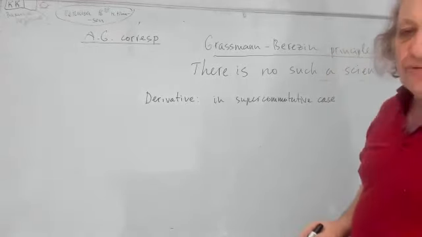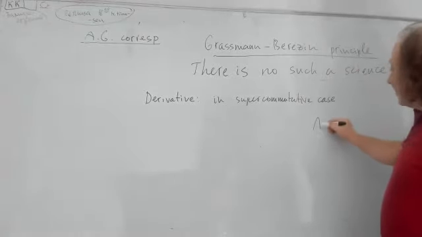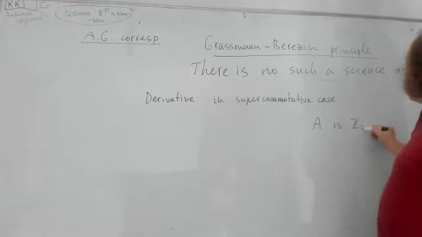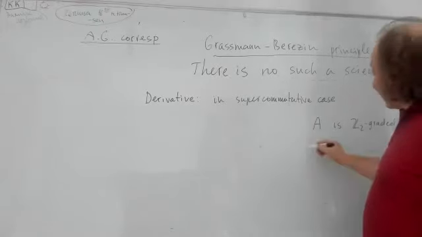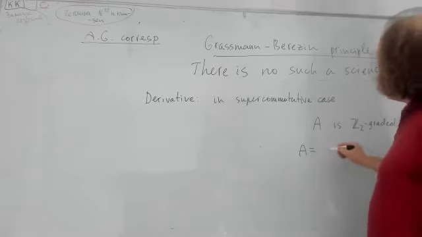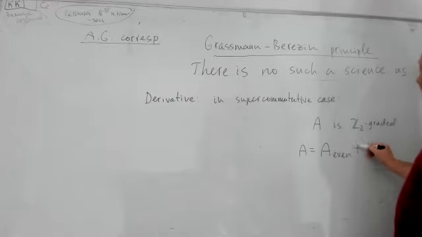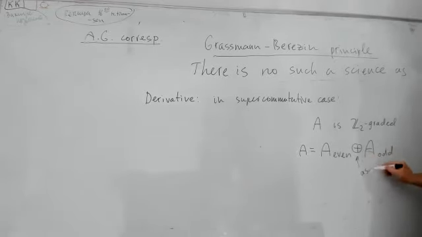Let me remind you that in supercommutative case, an algebra A is Z2 graded. That means that A equals A even plus A odd, and this plus is as linear spaces.